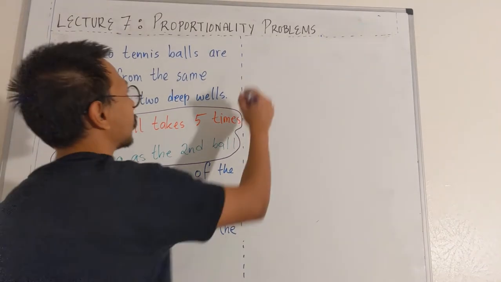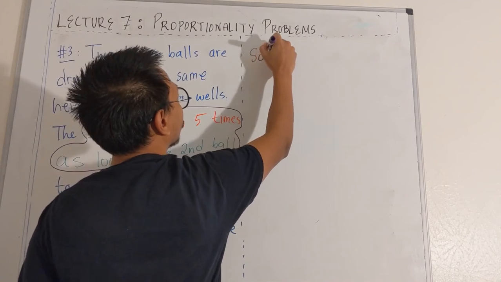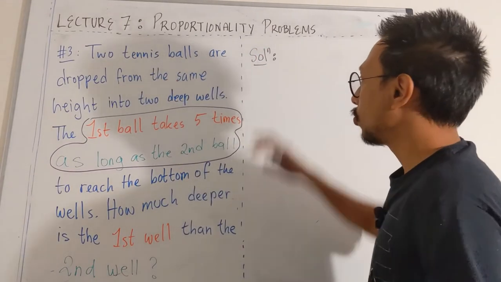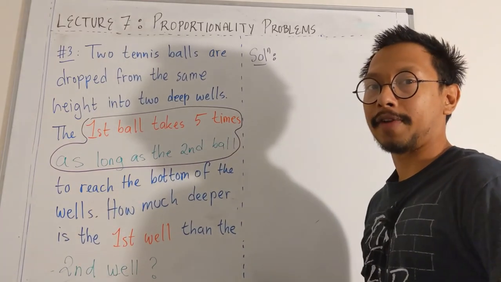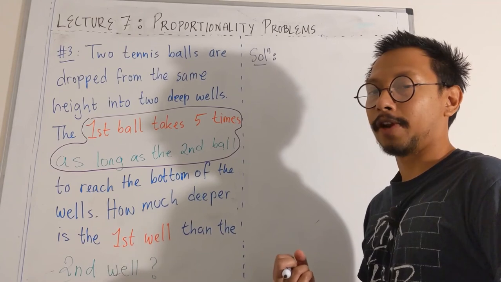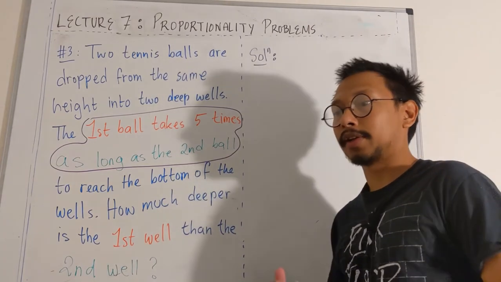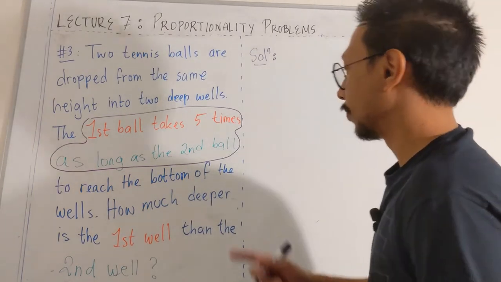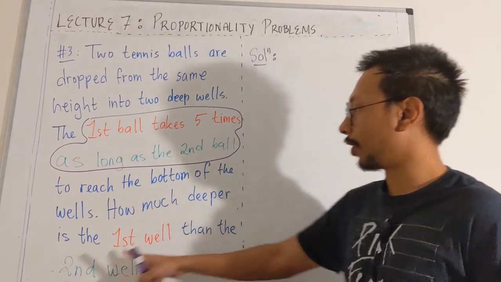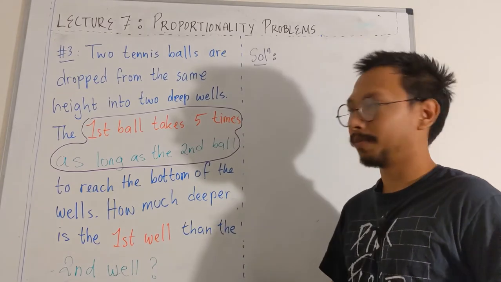Let's work out the solution to this problem. We want to first note down the relevant variables in a very organized manner so that we don't get lost in the problem. First, let's look at what our target variable is. We want to know how much deeper one well is from the other.